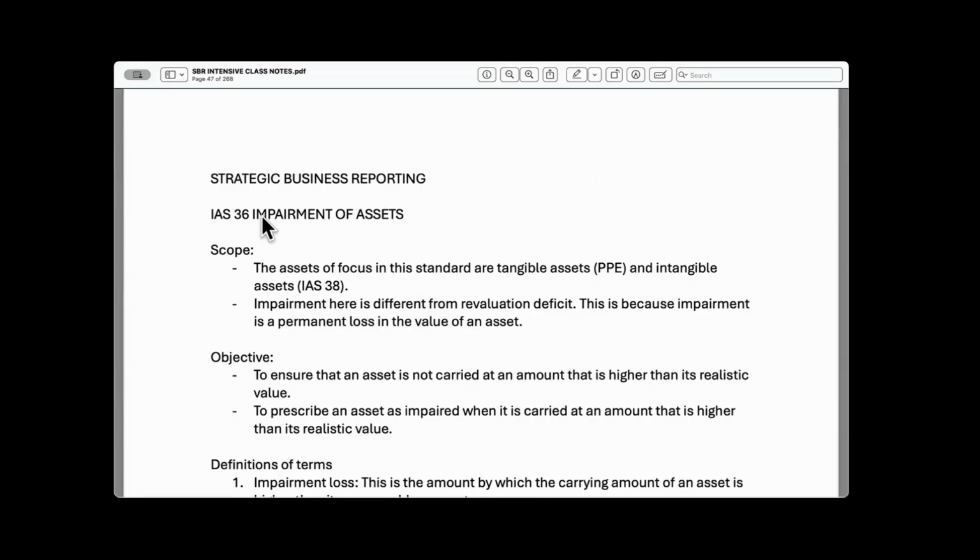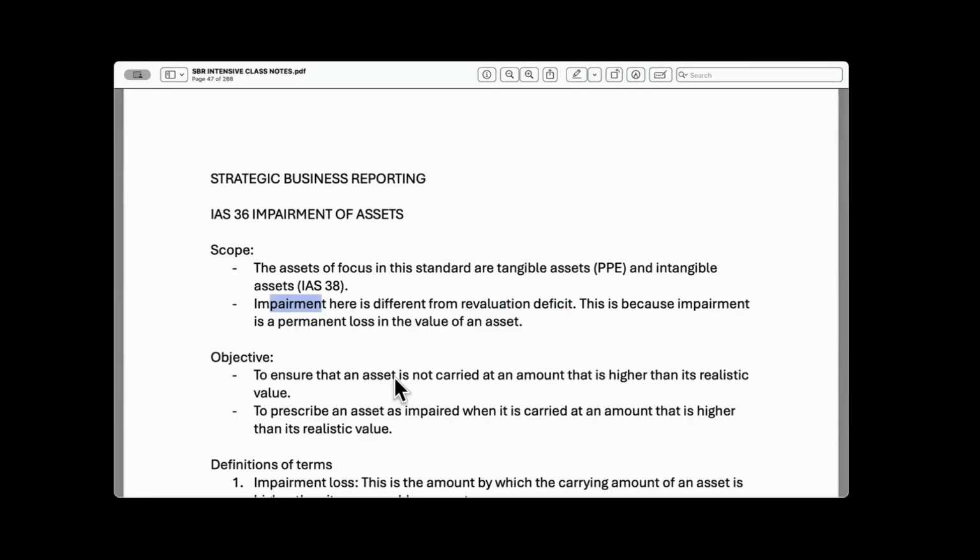And I also mentioned that impairment is different from revaluation deficits. This is because impairment is a permanent loss in the value of an asset. It's a permanent loss, which is quite different from revaluation deficits. That's just a temporary movement or a temporary loss in the value of an asset.